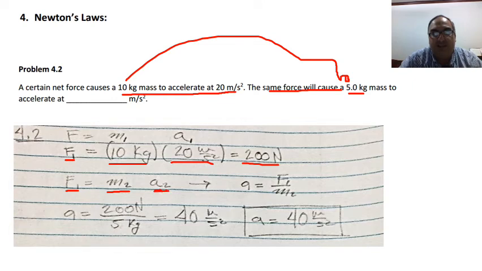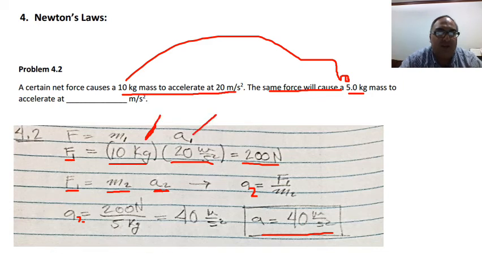We are going to solve for acceleration 2, which is equal to 200 newtons, the force 1, divided by the new mass 2, which is 5 kilograms. So it's going to be 40 meters per second squared. It's fairly easy to see, because with half of the mass, we have double the acceleration of 20.